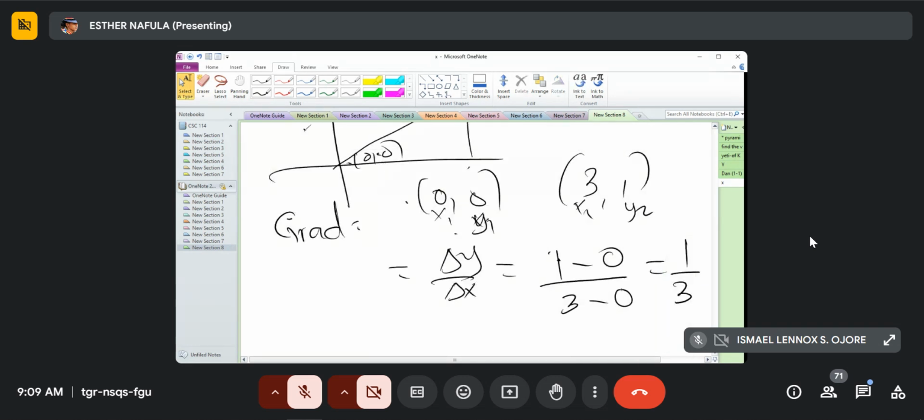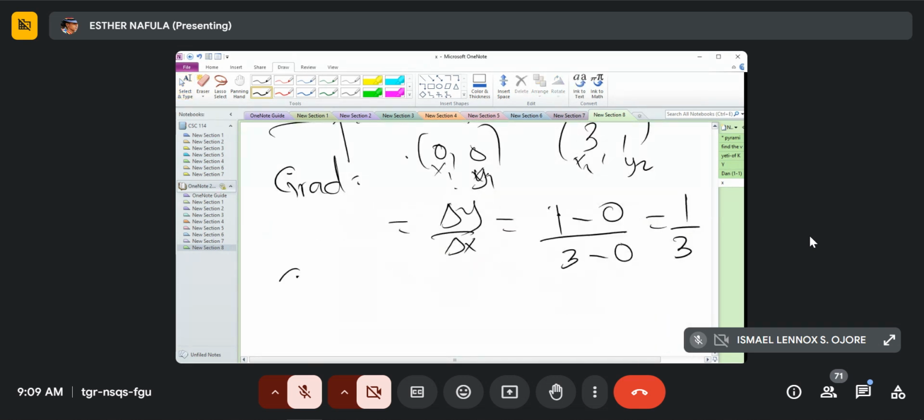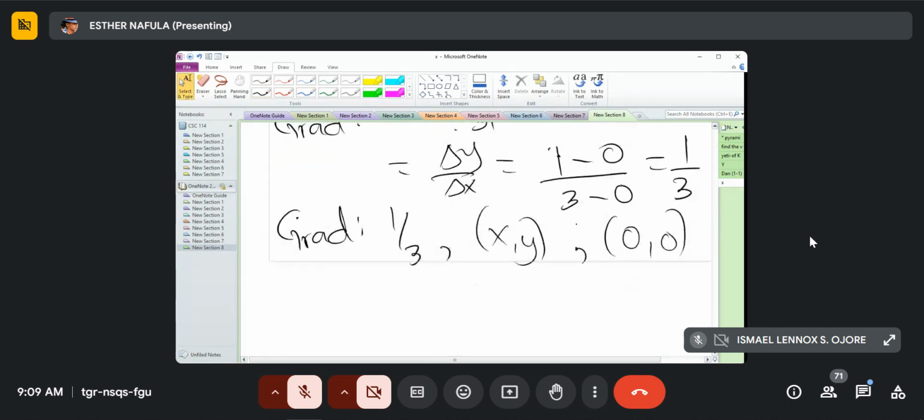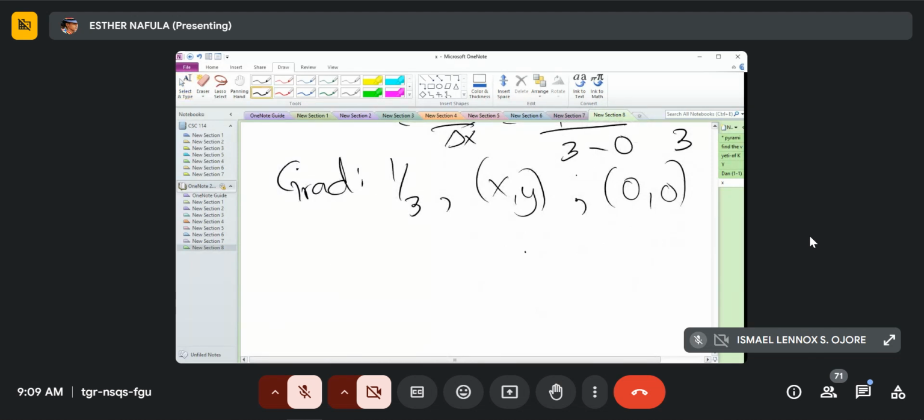Once you have the gradient, 1 over 3, pick coordinates x, y plus one of the two coordinates. For instance, you can pick 0, 0 and come up with the equation. So we use these 2 points to compute the gradient using the formula change in y over change in x.